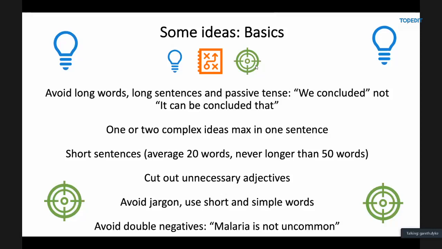Limit your sentences to one or two ideas. The technique is called writing using a topic sentence. So one or two complex ideas maximum in each sentence. And keep them short. Average 20 words. Don't be long-winded. Don't be over the top with the way that you put your writing together.